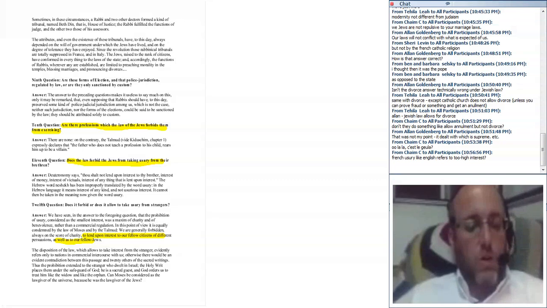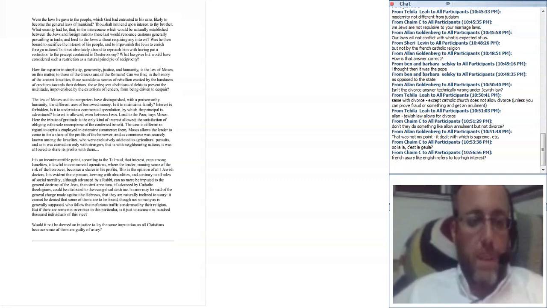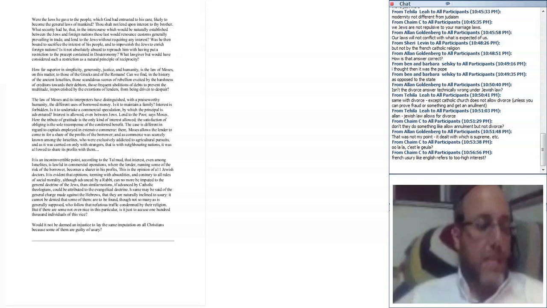We have seen in the answer to the foregoing question that the prohibition of usury, considered as the smallest interest, was a maximum of charity and of benevolence toward the commercial regulation. And it was condemned by the Torah and by the Talmud. We are generally forbidden, always on the score of charity, to lend upon interest to our fellow citizens of different persuasions, as well as to our fellow Jews.